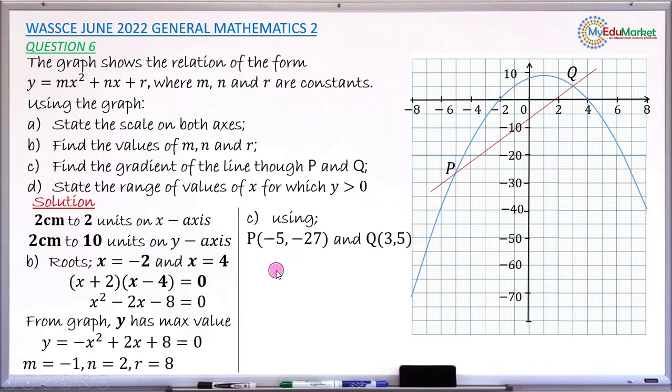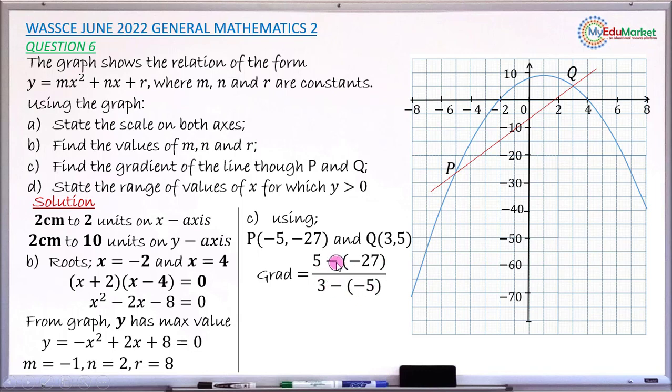Remember, gradient is the change in y divided by the change in x. So if you now substitute, you now have 5, this y value, minus 27, this y value, divided by 3, the x value, minus 5, the x value in this very point. So you now have 5 minus 27 divided by 3 minus 5.